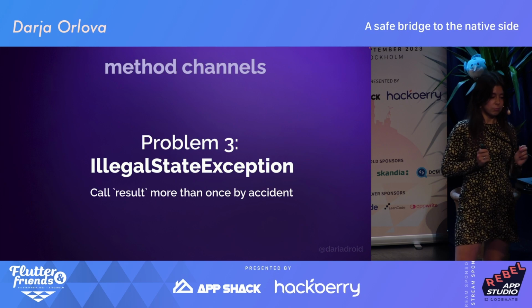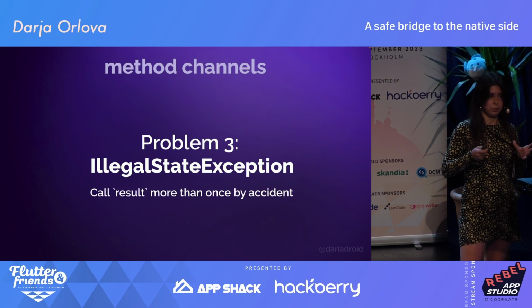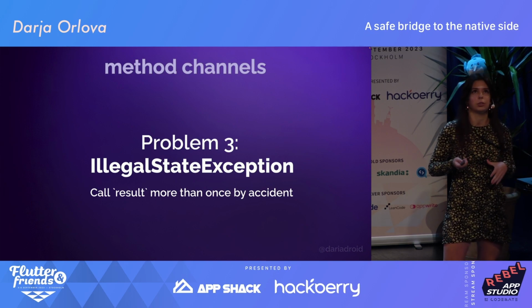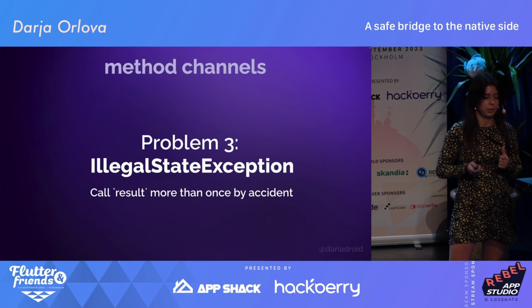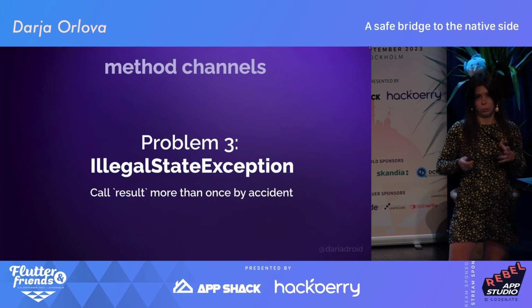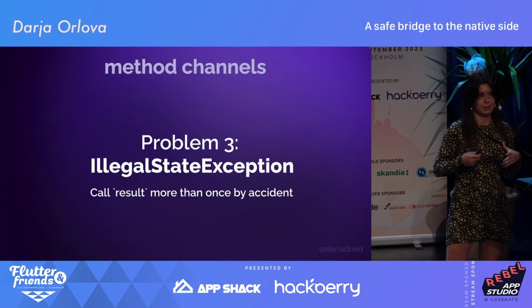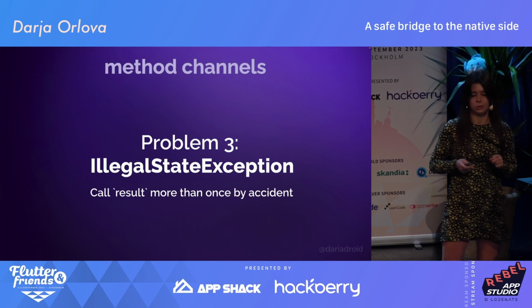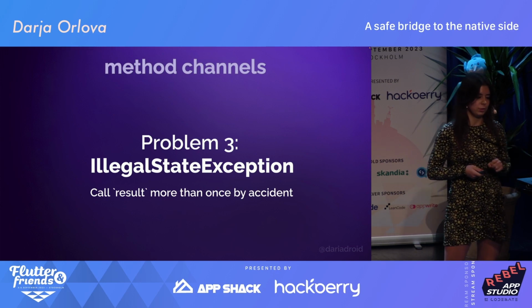And this all comes from this result API that we have to use in order to give the result back to the platform. So once again, yes, it's possible to avoid these errors, but it's also very easy to run into them, especially in runtime.